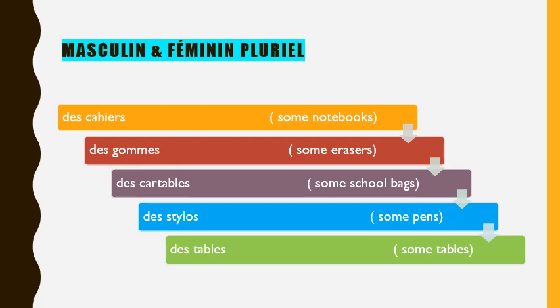That means some erasers. Eraser is a feminine word. Next is des cartables, means some school bags. The next example is des stylos, means some pens. And the last one is des tables, that means some tables.